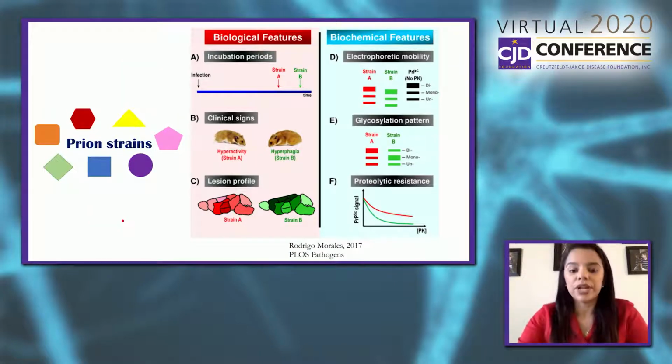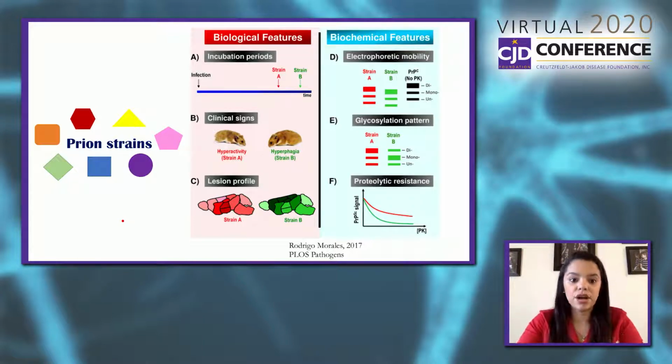A really important characteristic of prion disease is the existence of different prion strains, which means that PrP-res can adopt different conformations, which means different shapes, and each shape is associated with a prion strain. So in the lab, this means that we can find different results because the different strains have different behaviors.